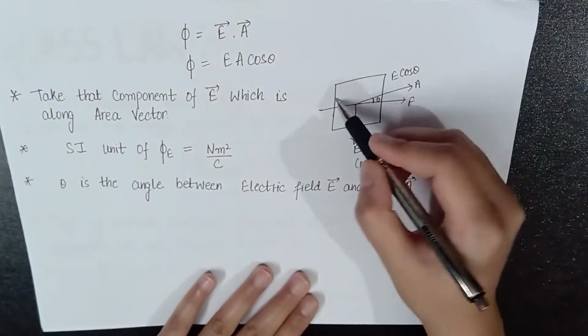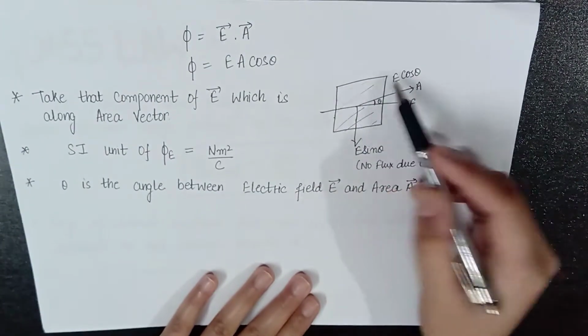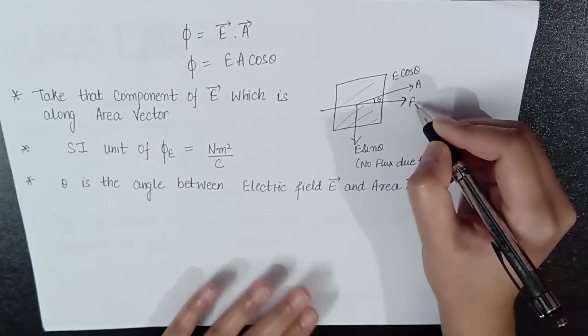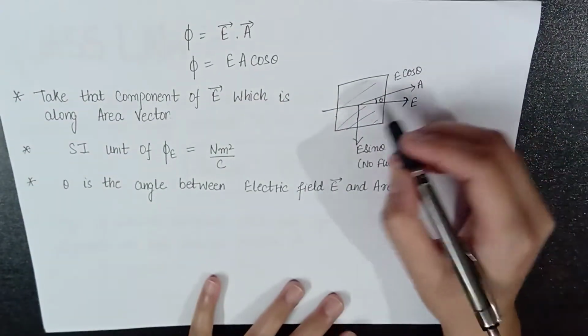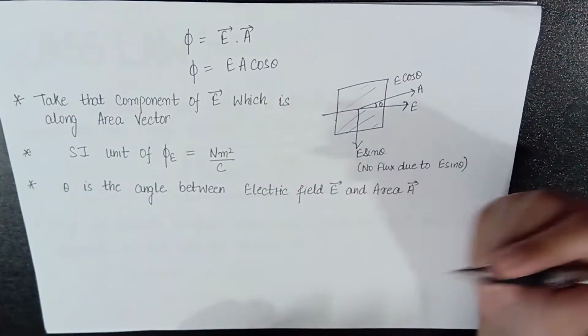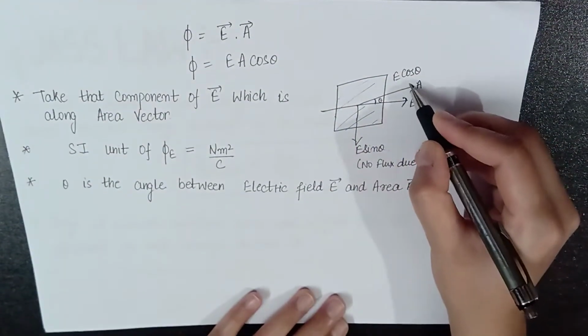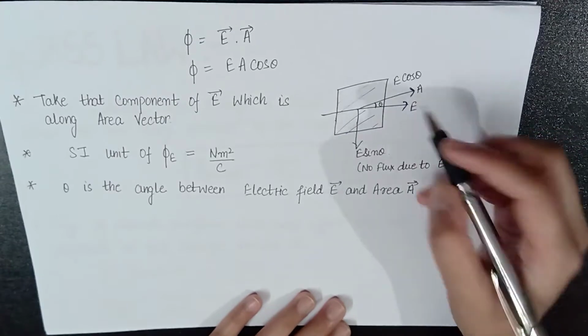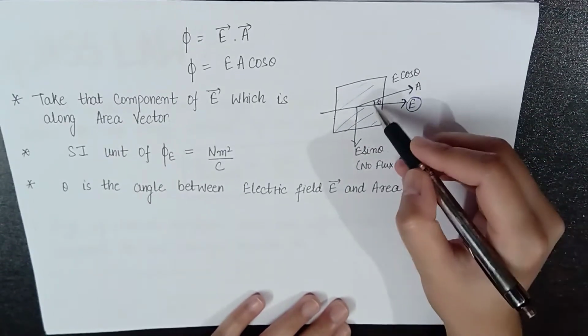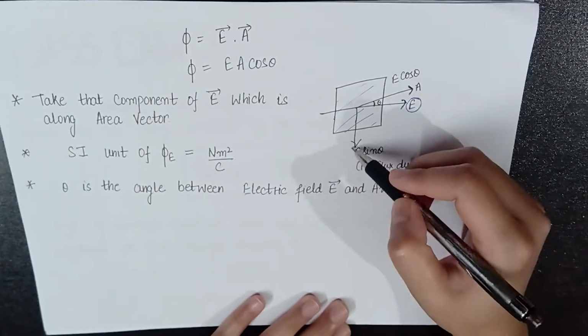If we consider an example, we have this surface, an electric field vector is crossing through this area like this, and we have an area vector A passing out from this surface, giving the direction to the surface. If we resolve this E into components, the first one is E cos theta and the second is E sin theta.